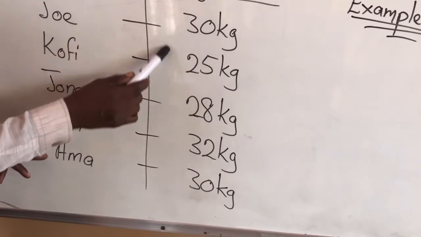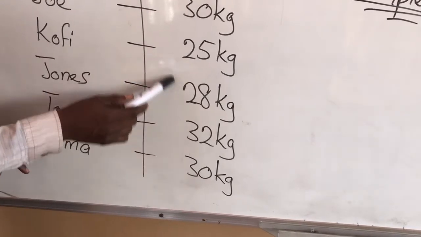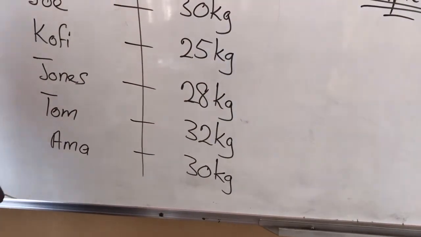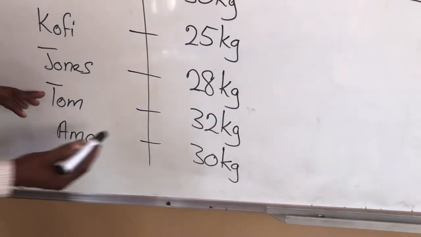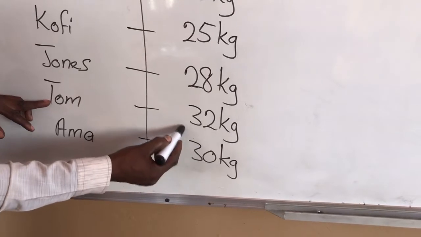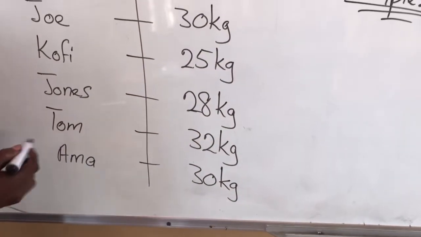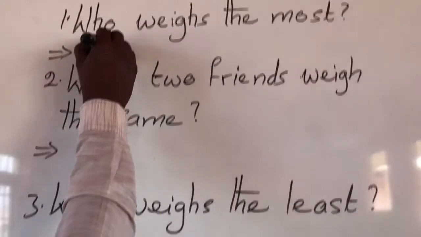So the highest weight is 32, and the person who weighs the most is Tom. So you quickly write, Tom weighs the most.